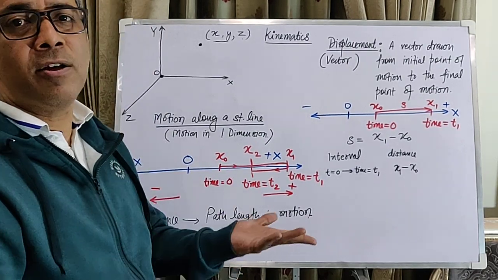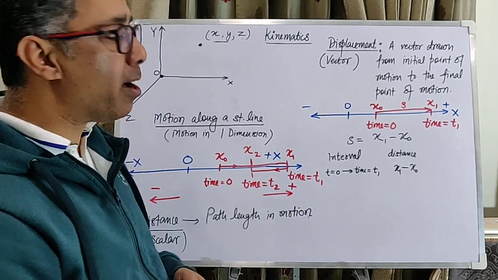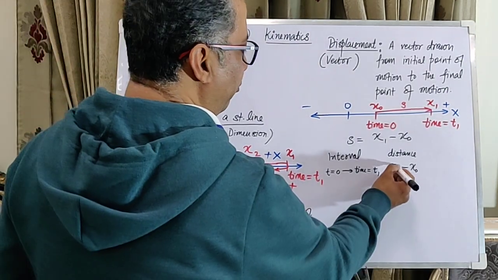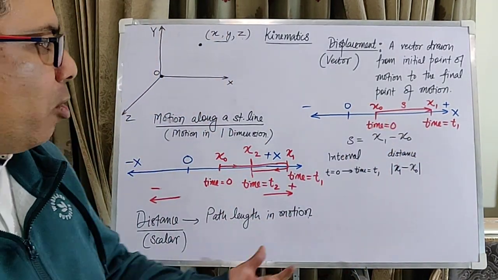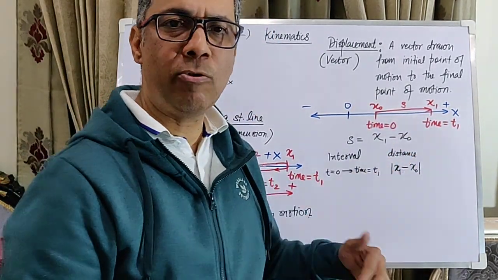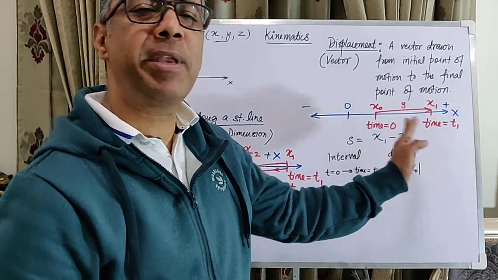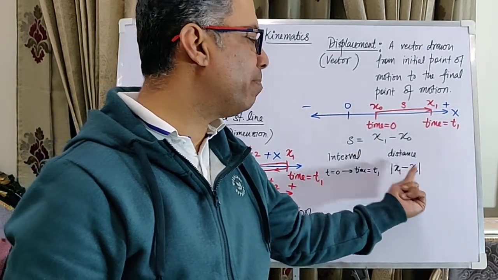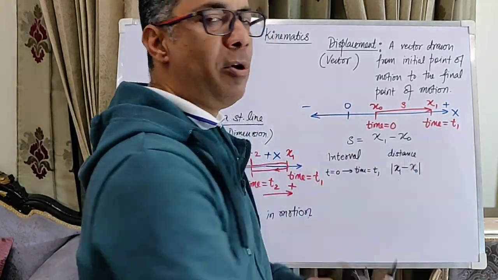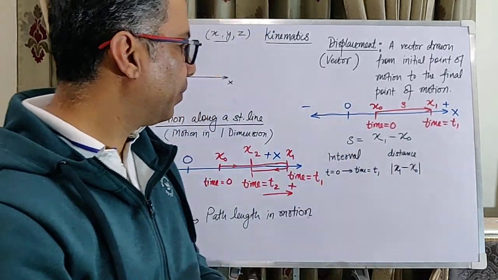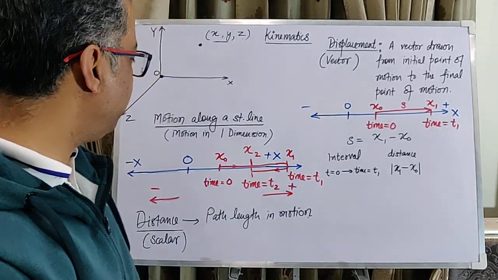There is no notion of a negative length of path, and therefore we use the mod sign here. This mod tells us that the distance can only be positive. So if in some calculation the final coordinate minus initial coordinate happens to be negative, by taking the mod we've made it positive. So that's distance in this motion.